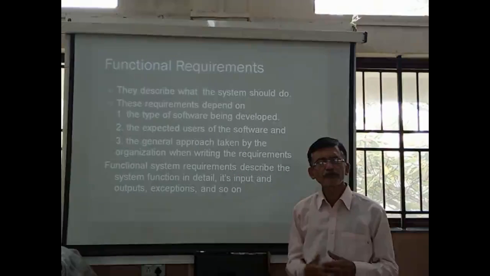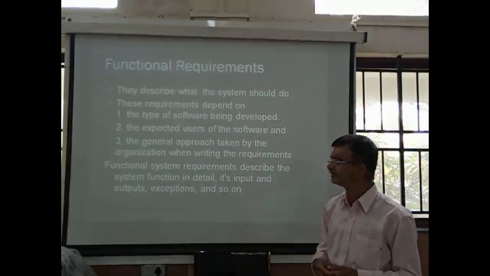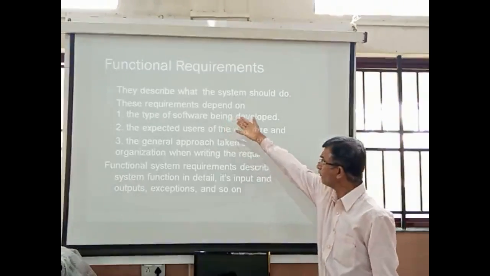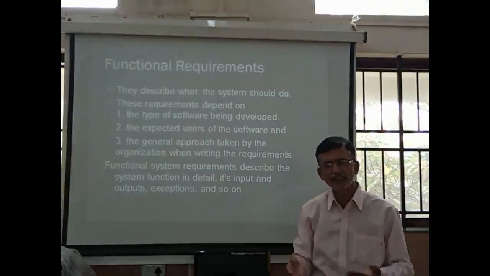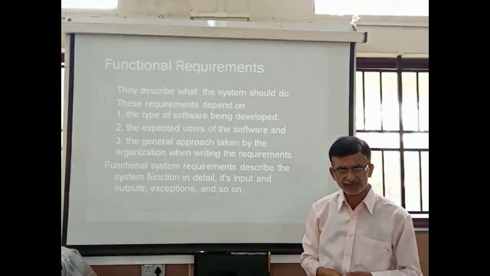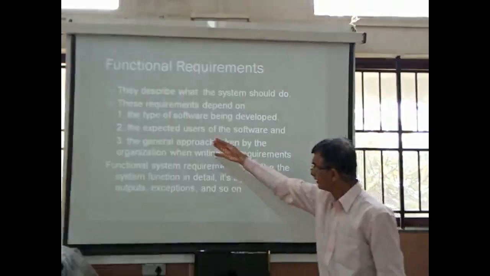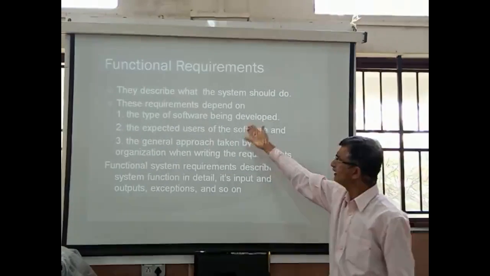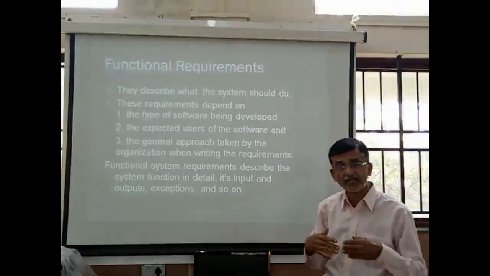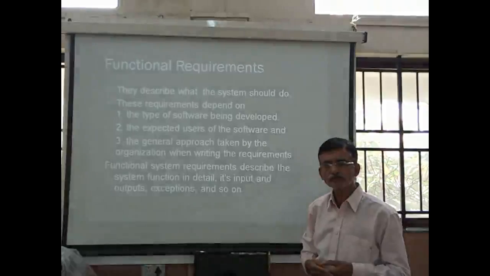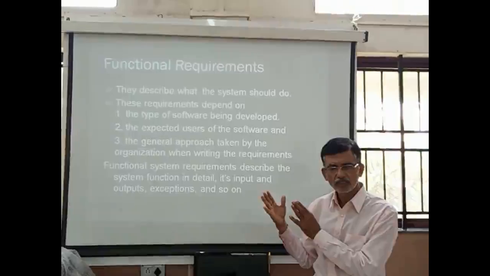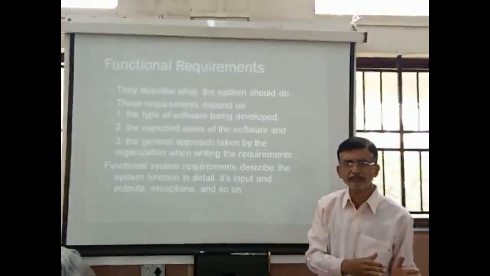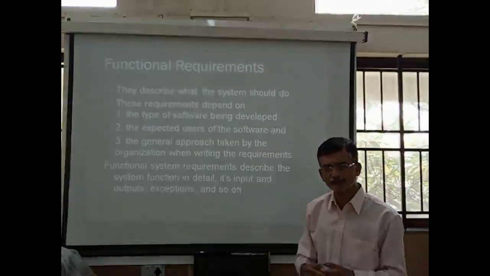Coming back to functional requirements, yes, they describe what the system should do. Now we are talking in detail about the functional requirement. The requirements depend upon the type of software being developed. So what kind of software are we developing? Are we developing software for a library system, hospital, educational institute, or some industry?